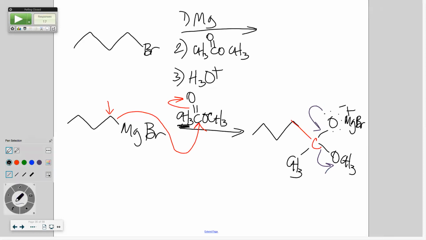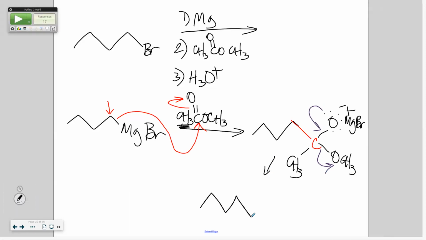So what do you have now? 1, 2, 3, 4, 5, 6. You made a ketone, right? And you also got your OCH3 minus, and you have your MgBr plus.